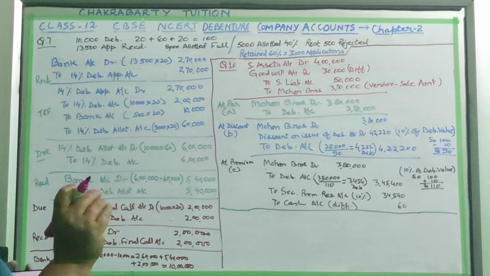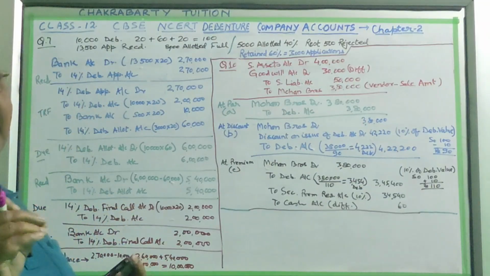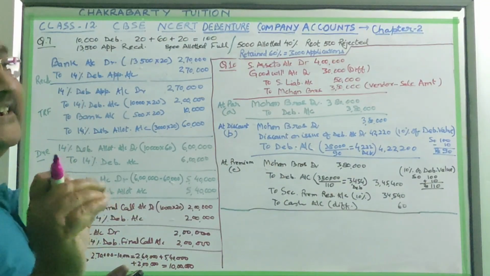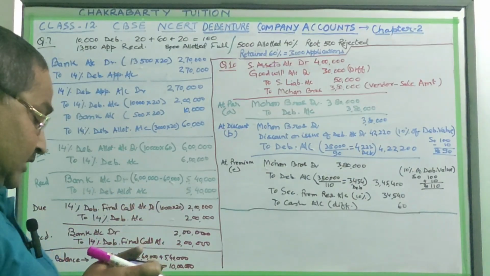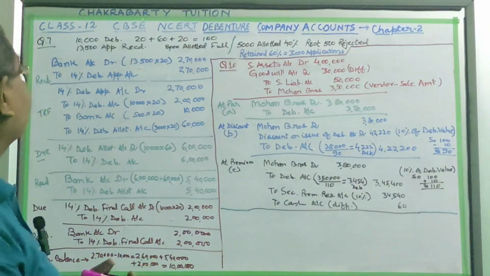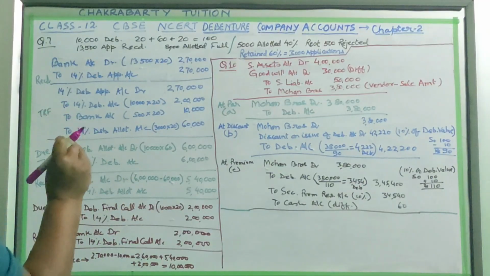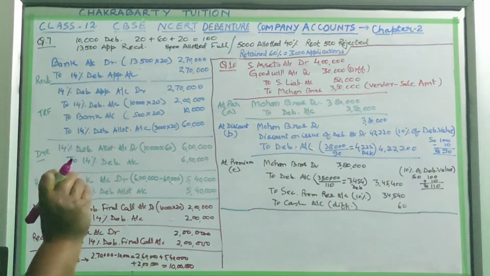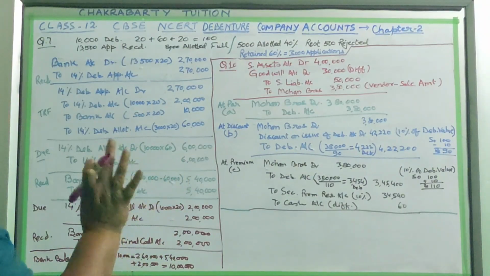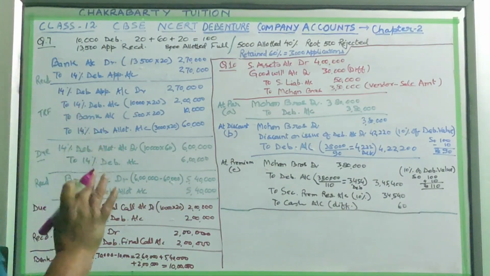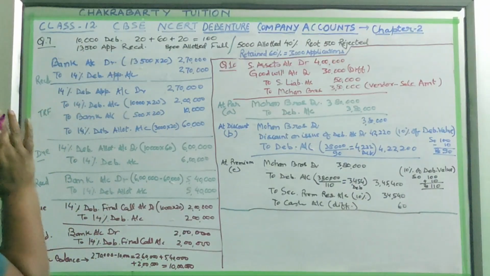Before debenture, you write the rate of interest payable on that debenture if it is given; if not given, you can leave it out. Here the rate of interest is 14%, so wherever the word debenture starts an account name, we write 14% debenture.